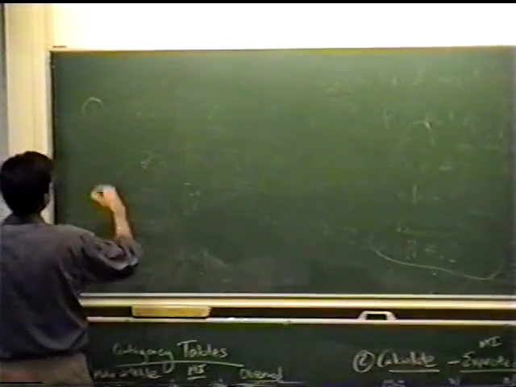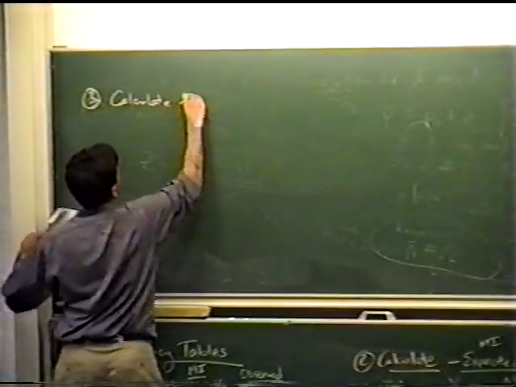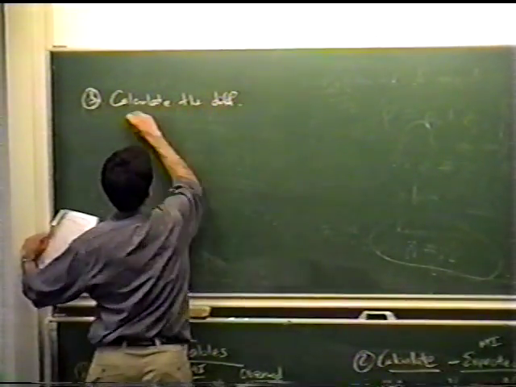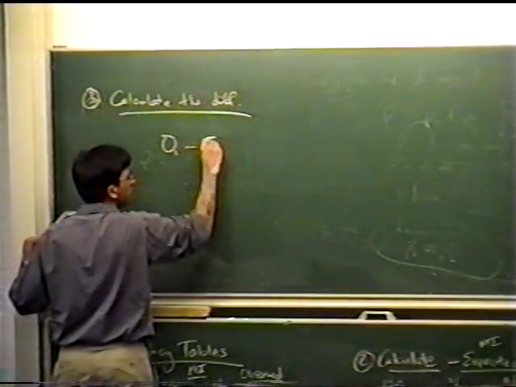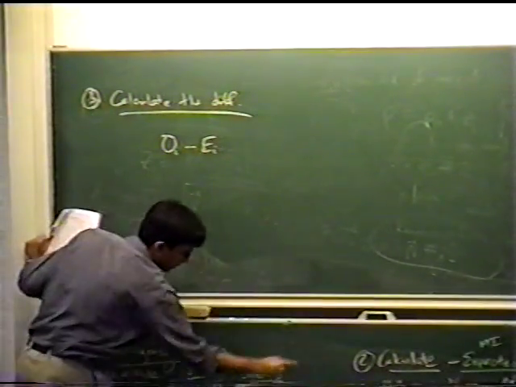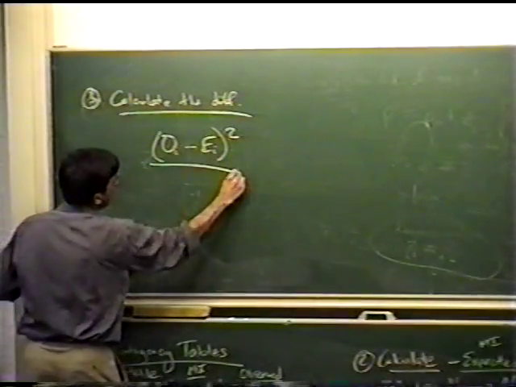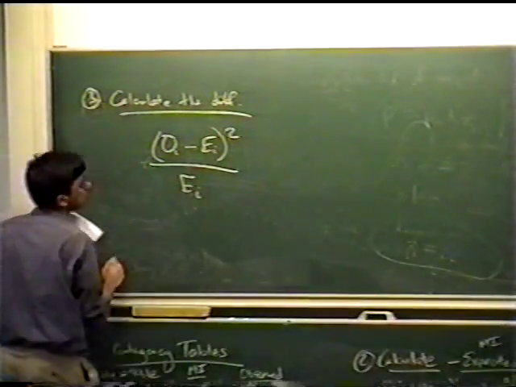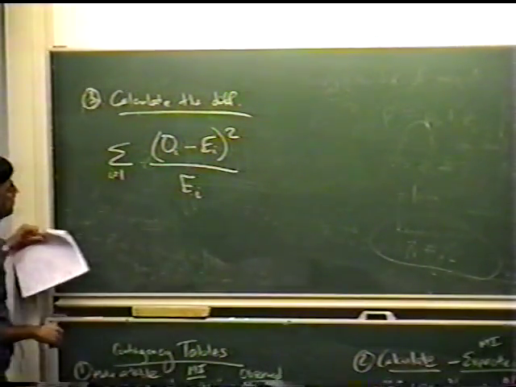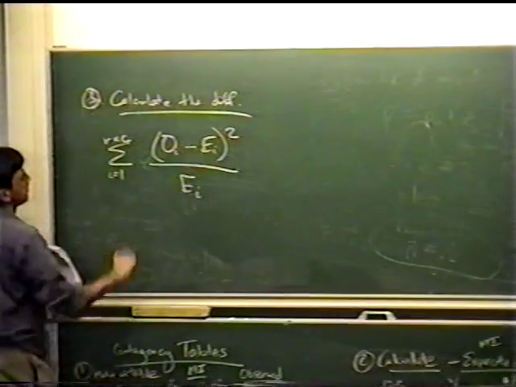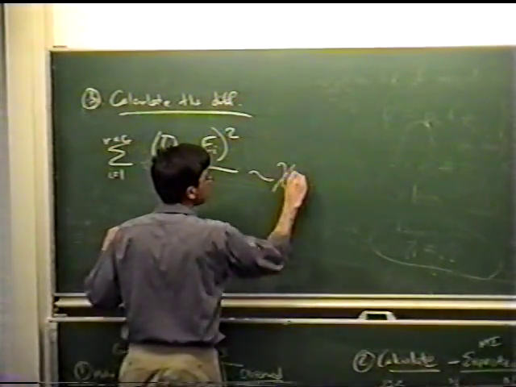The last step is calculate the differences. The way you do that is you take the observed minus the expected for each data point, square it, divide it by the expectation value, and add them up. And that follows what's known as a chi-squared distribution.